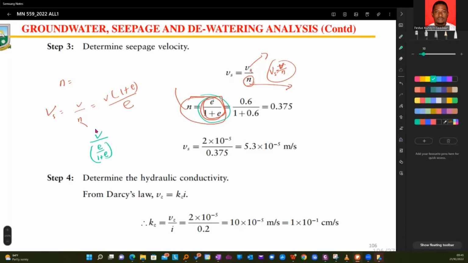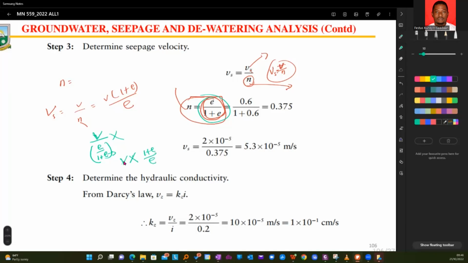And then per our basic mathematics, when you have this dividing a fraction, there is this flip. So the denominator here becomes a numerator at the top, and then this turns to become your numerator. So you have V times 1 plus e over e.